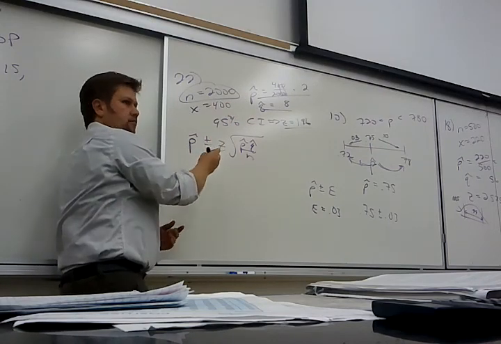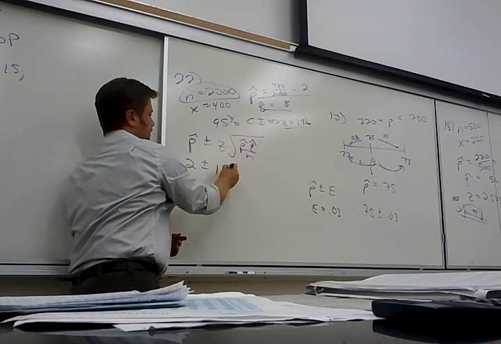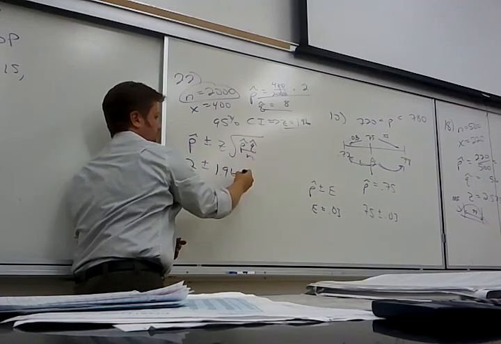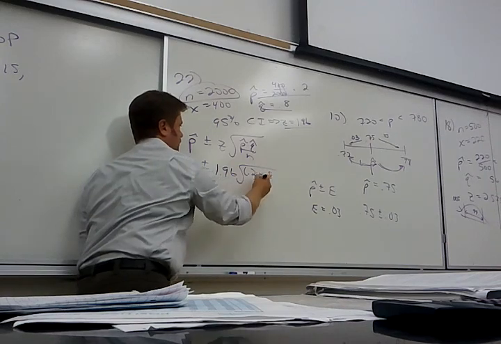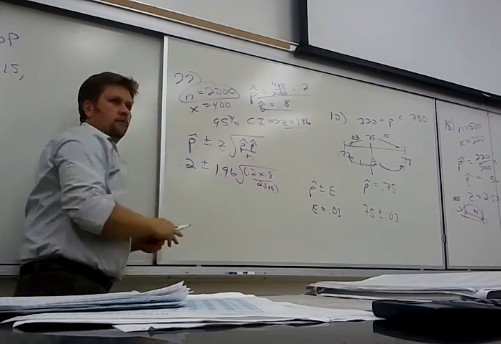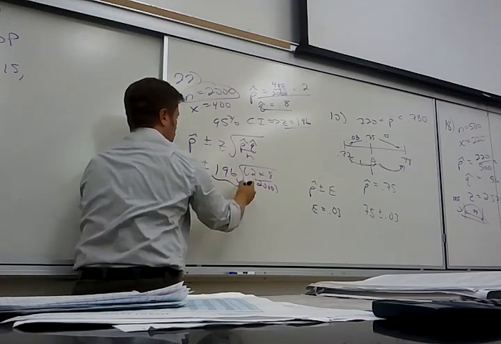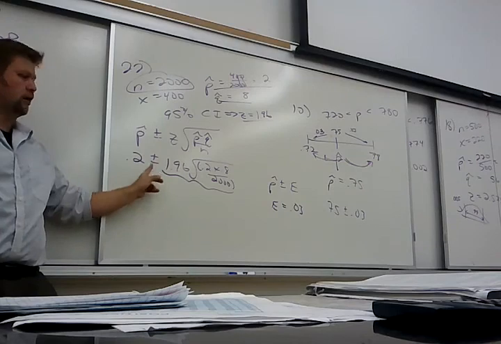So now I just plug and chug. 0.2, give or take, 1.96 times the square root. All right, so my suggestion would be to calculate the error first, and then you add it to 0.2 and subtract it from 0.2.